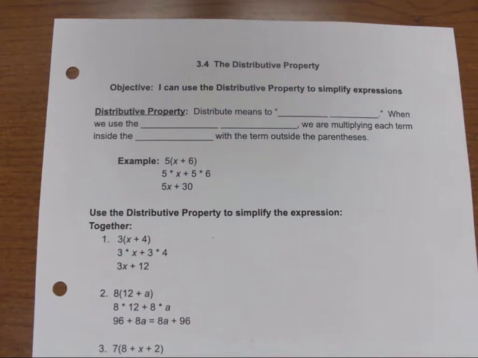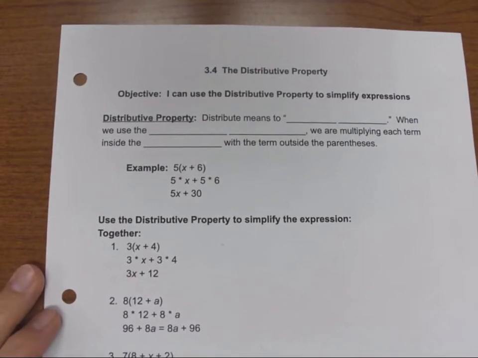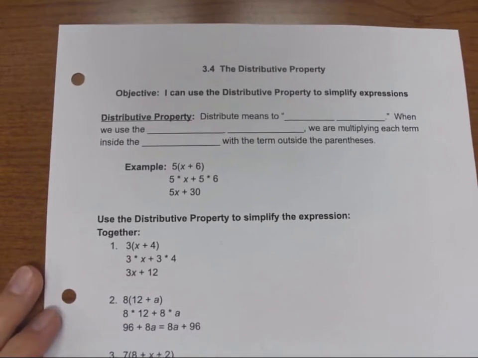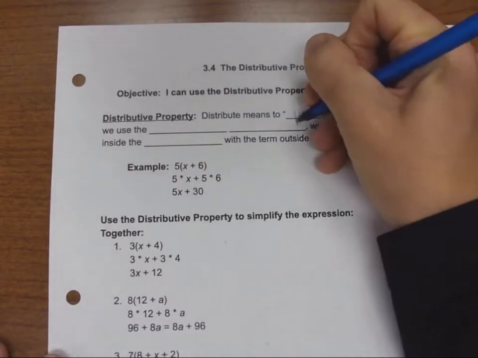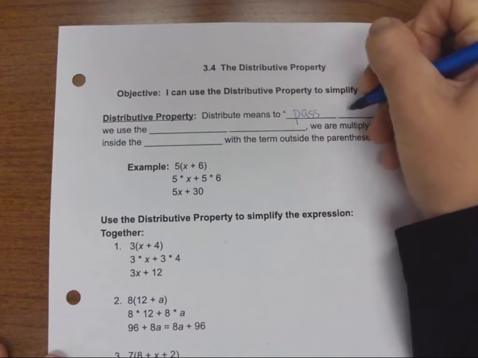Okay, today we're going to be talking about the distributive property. Specifically, I can use the distributive property to simplify expressions. So, for definition, distribute means to write the words pass out.